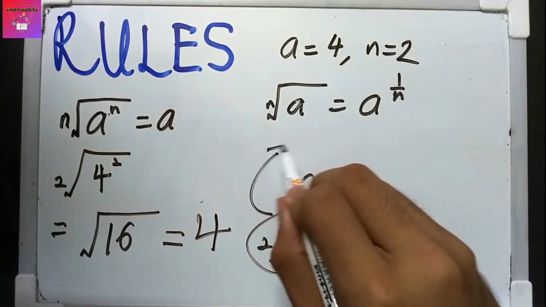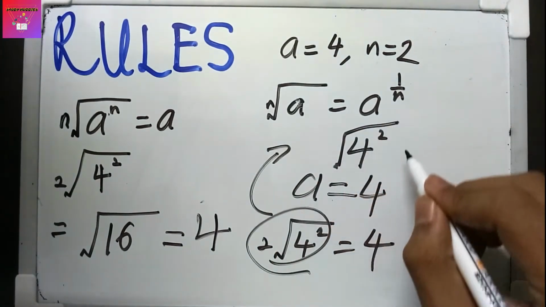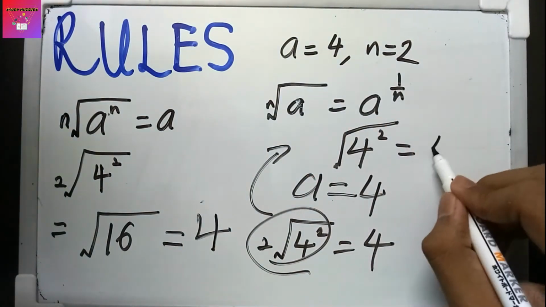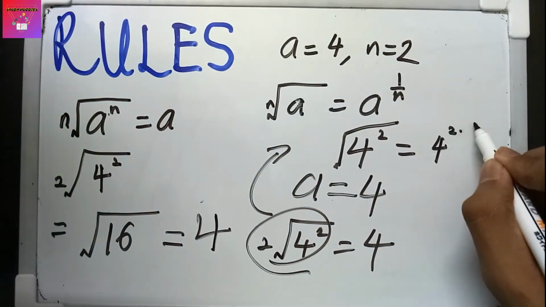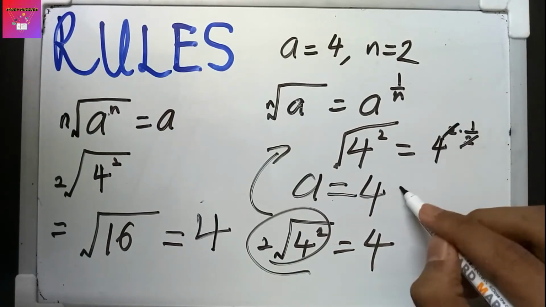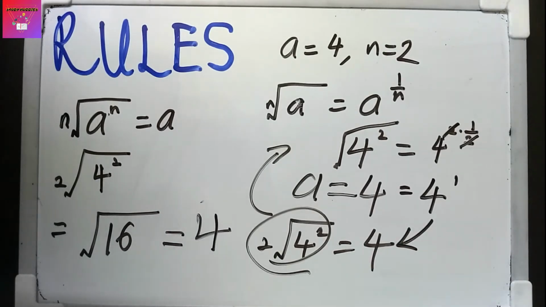How can we explain this in an easier way? So 4 squared under a square root, right? As I mentioned just now, the square root you can write as a fraction. So it's 4 squared to the power of 1 over 2. You just cancel off the 2 and it becomes 4 to the power of 1, which brings back the same value again. I hope it's clear.